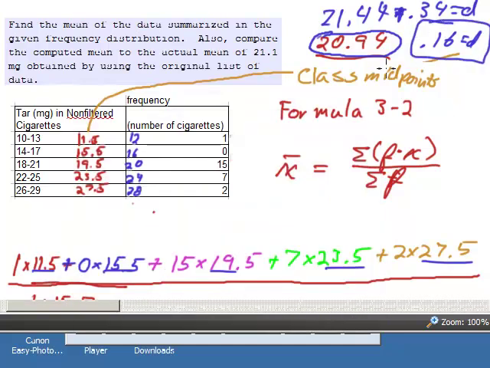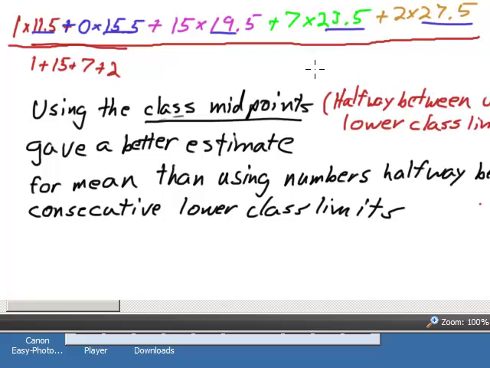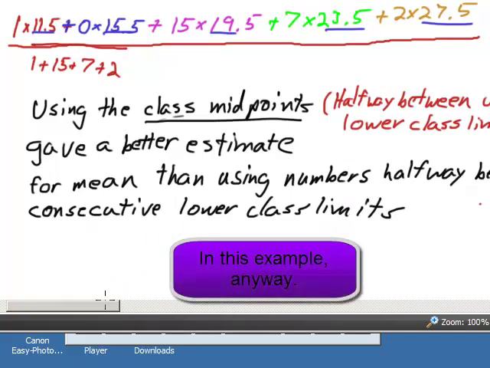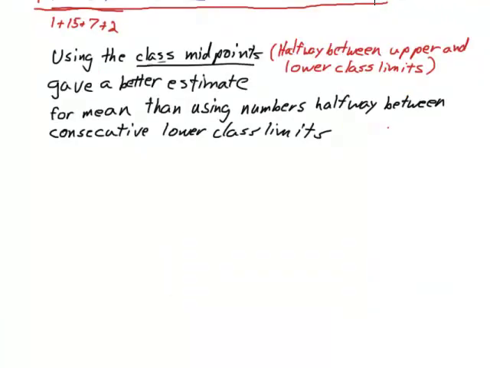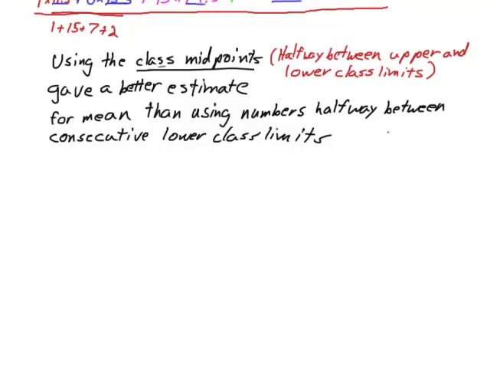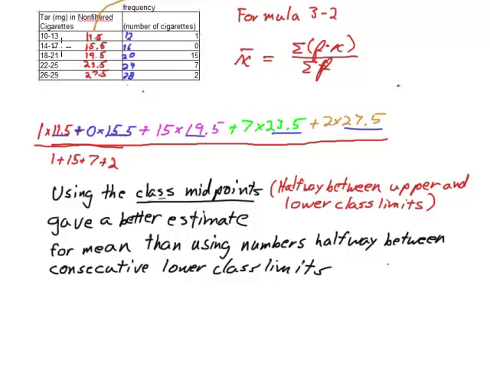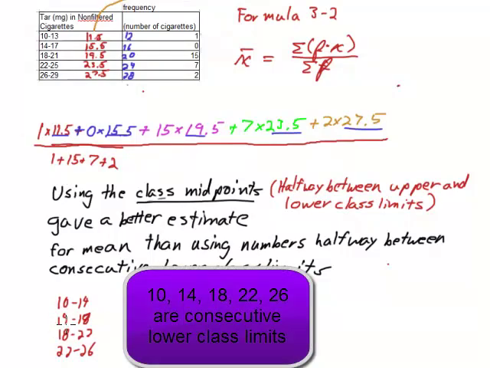So it appears that using the class midpoints gives a better estimate for the mean than using numbers halfway between consecutive lower class limits. I'm kind of surprised by this, and I'd like to reason out why. What I'm thinking of is this going from 10 to 14, 14 to 18, 18 to 22, 22 to 26.